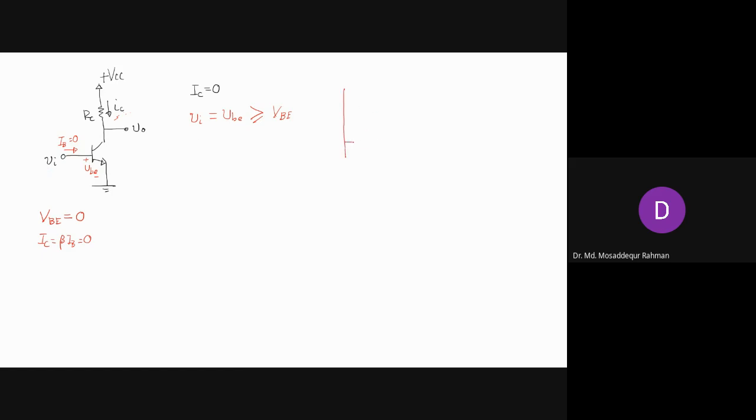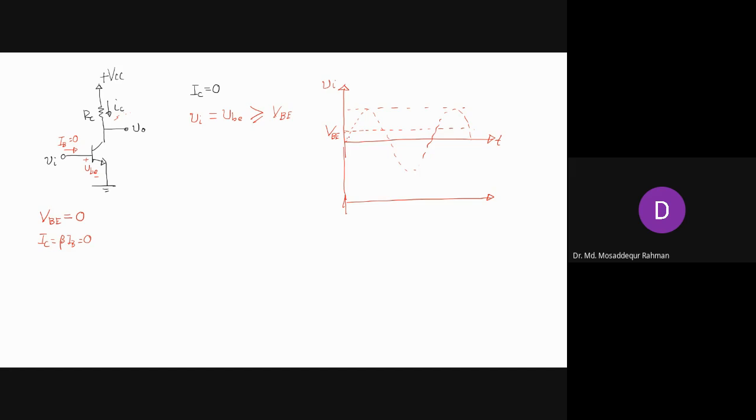So what happens here? Let's say you have this time axis, and this is your input voltage VI, something like this, going like this. And let's say this is our VBE.